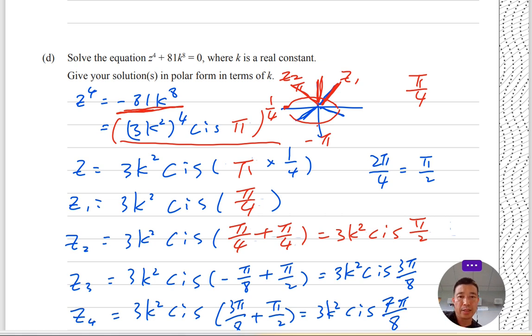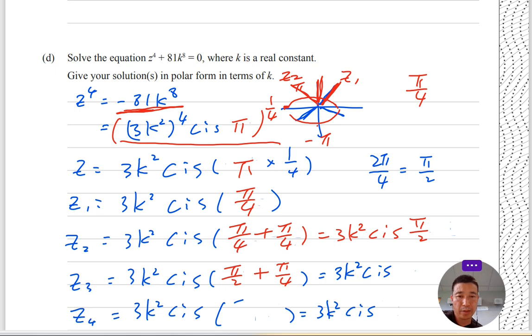Okay. And then you have to add. So what's gonna happen? You can keep adding pi over 4, I believe. So that is pi over 4, 2 pi, 3 pi over 4.